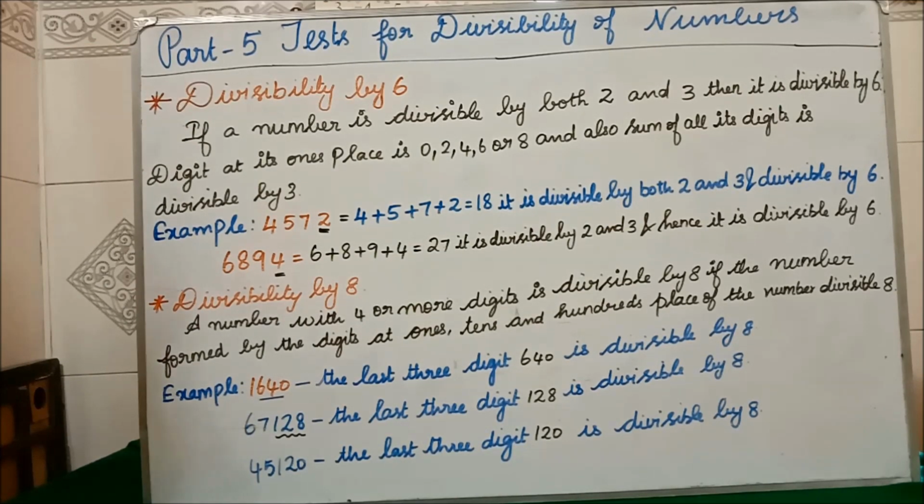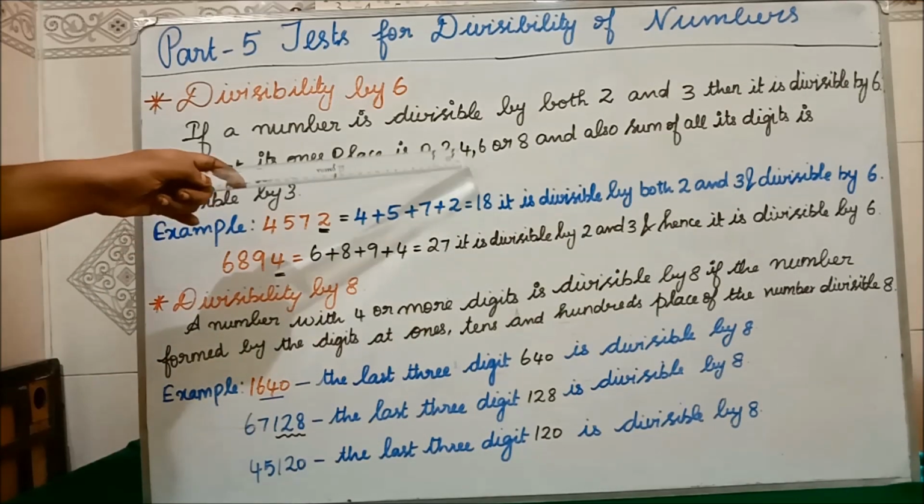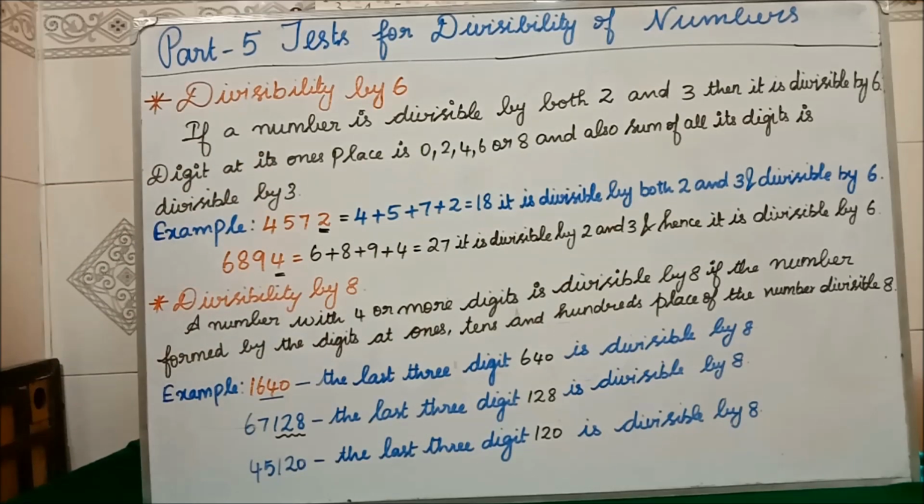The ones place should contain 0, 2, 4, 6, 8. What is the divisibility by 3 condition? The sum of all the digits should be divisible by 3. So the number should satisfy both tests.